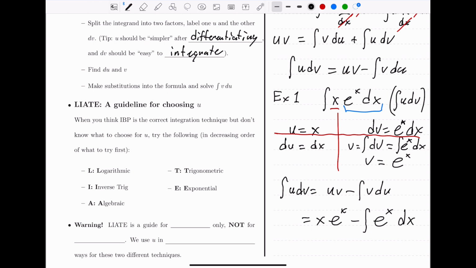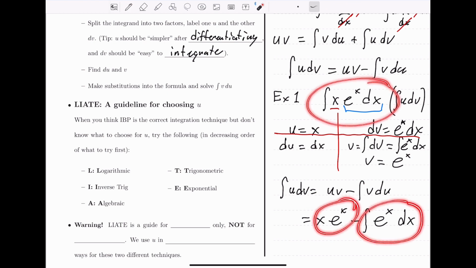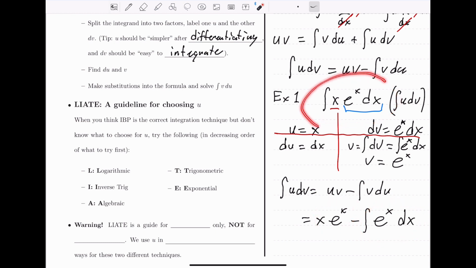So we've taken our original integral, and we've written it as a function minus an integral. This is an important concept in integration techniques. The integration techniques take a more complicated integral, such as x times e to the x, and they break it down into a simpler expression.